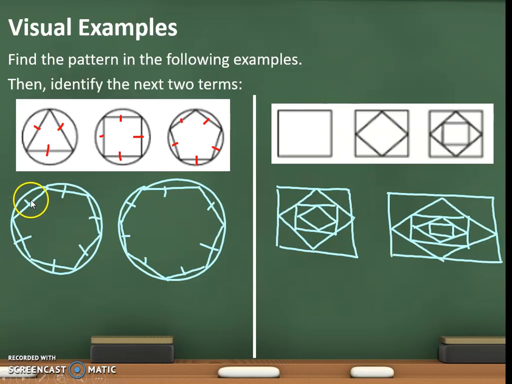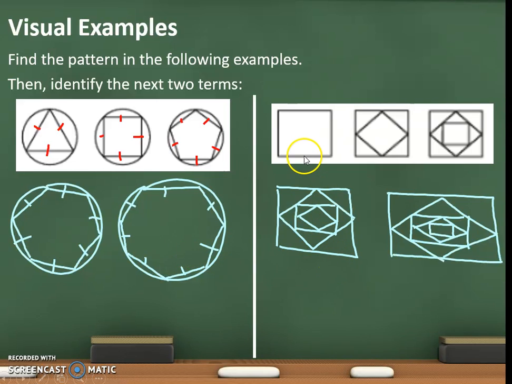You're going to have a 1, 2, 3, 4, 5, 6 hexagon here. And then you're going to have another one. You're going to do 7 sides, which is a heptagon here. So you can draw these two circles after these. So those are the two terms.